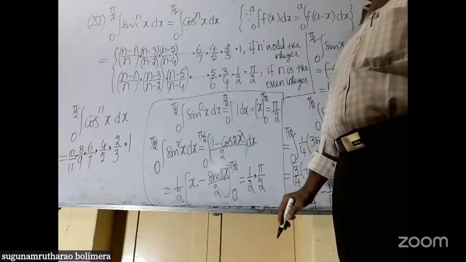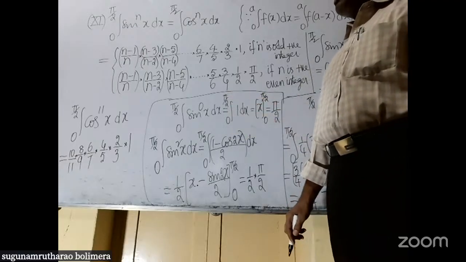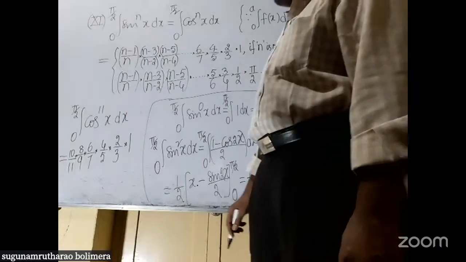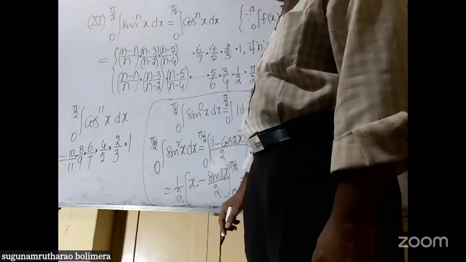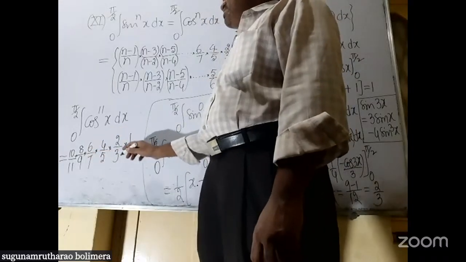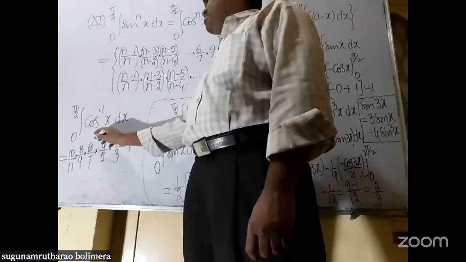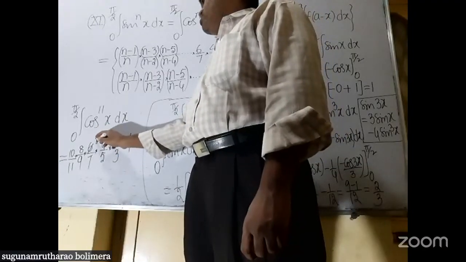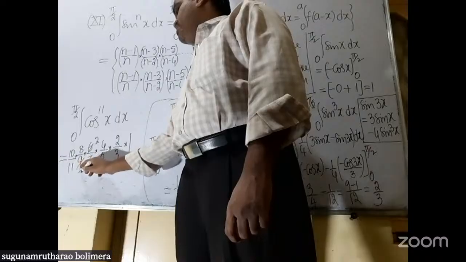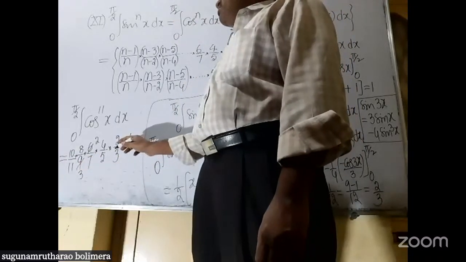You multiply all the numerators and denominators. That is the answer. So here you can simplify like this. This is 3 threes and 3 threes.